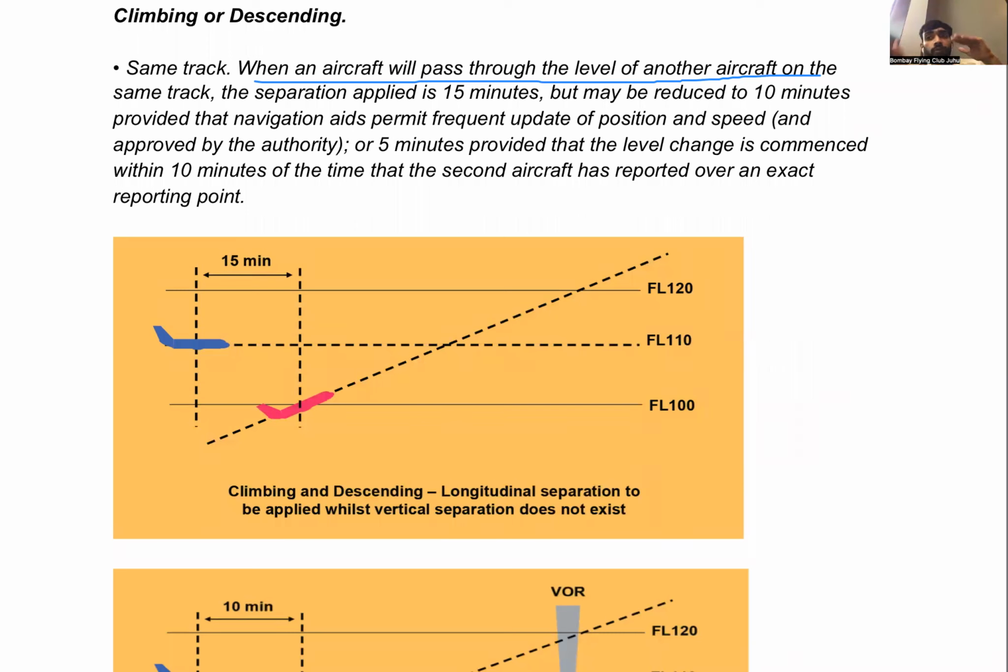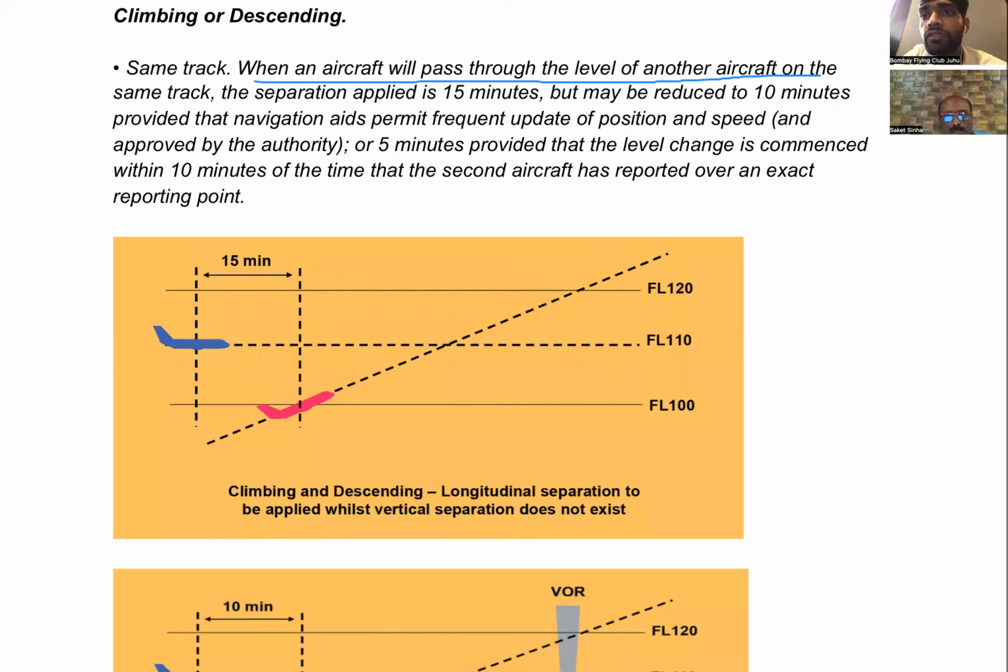That means if the pink aircraft's position and time accuracy is perfect, I can reduce it to 10 minutes. I can further keep a 5 minute separation between these two aircraft. When? When the pink aircraft says that within 10 minutes it will be able to change its level past the blue aircraft and reach its level. I'll read the statement for you.